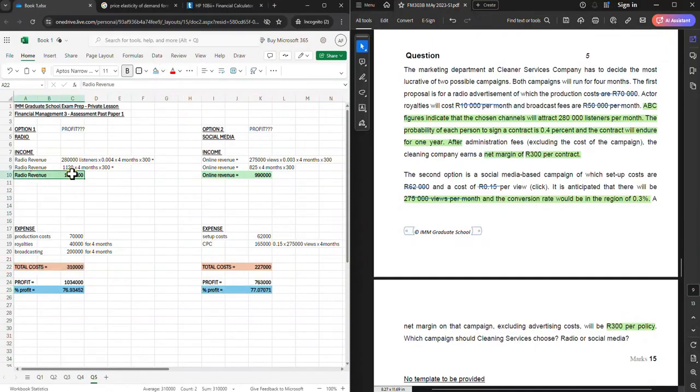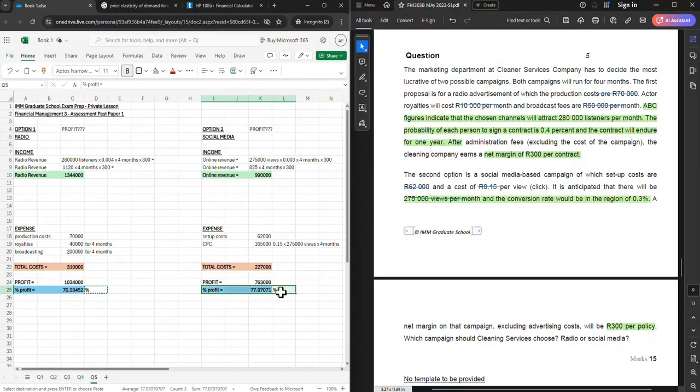Different costs, different revenue. As a percentage, profit over revenue, 76.93%. Agreed. So technically, social media is better, because I spend less and I make more.